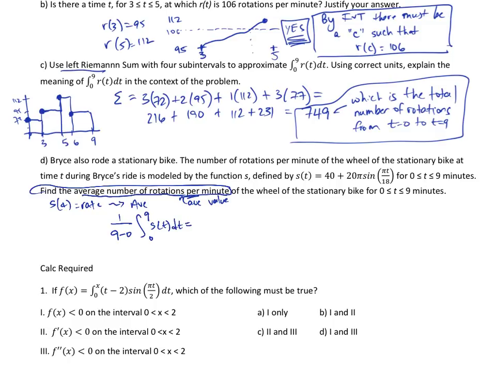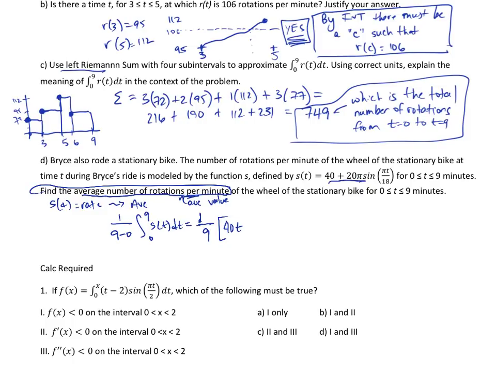Let's go ahead and integrate this. When you integrate this, you'll end up with 40t. And then the other part: I have sine, so our constant is 2 pi, and we're going to end up with cosine.